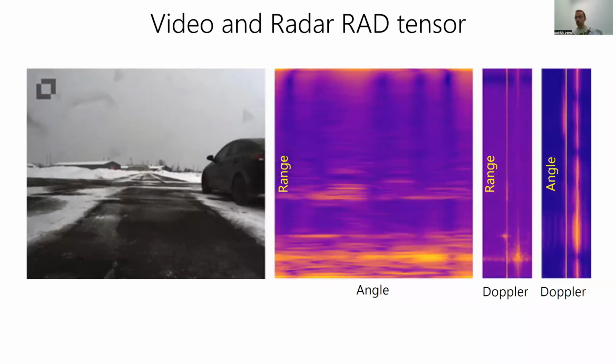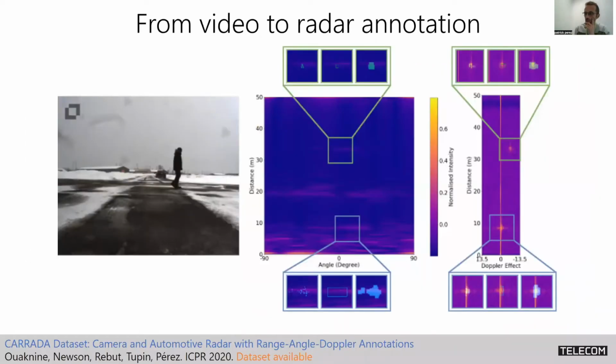So essentially, what we did in this work, which is mostly about the dataset that we published and released, is we wanted to annotate the objects, in this case three types of objects: cars, pedestrians, and cyclists, in the radar signal with points, boxes, and segments. This you can see on the right.